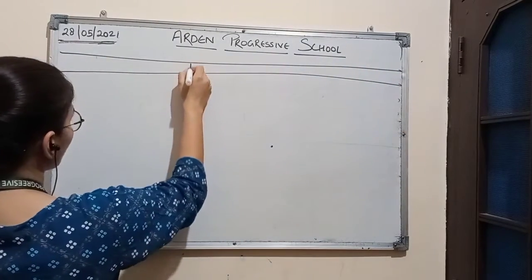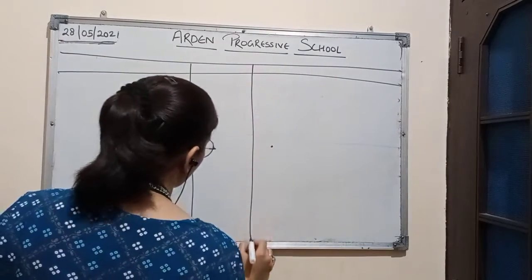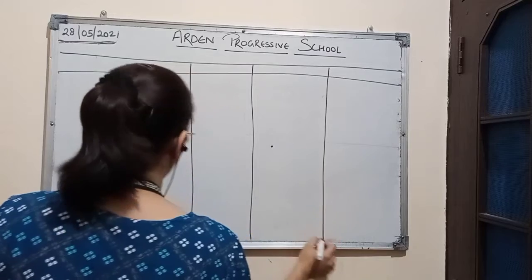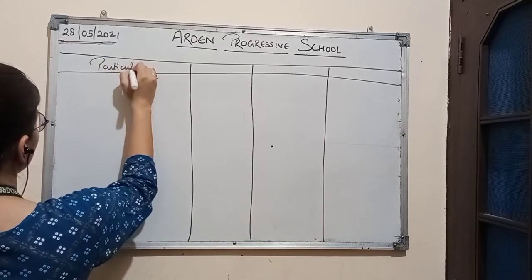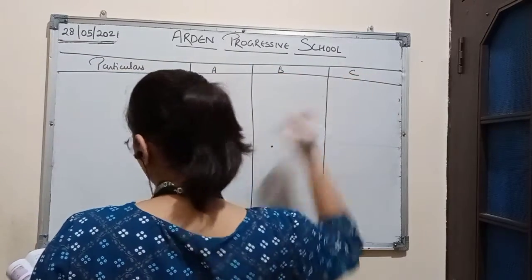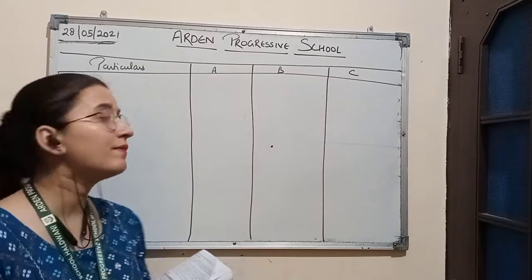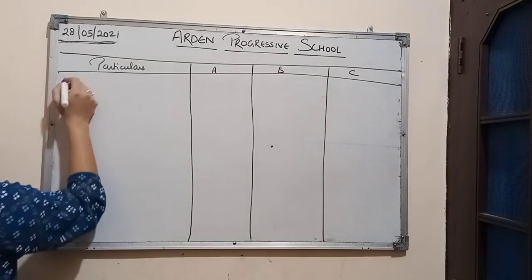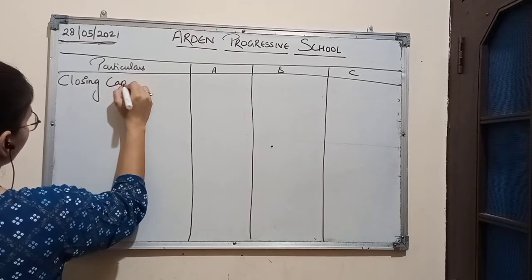This column will be of particulars: partner A, partner B and partner C. So here first we will be writing closing capital.